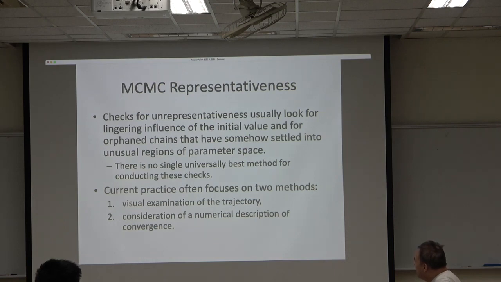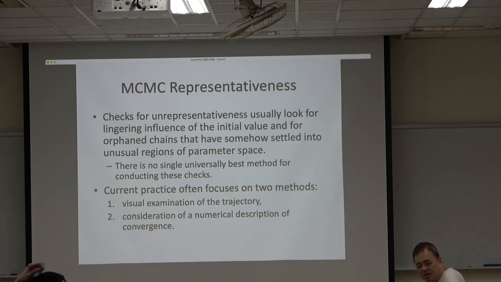If you want to know how representative the MCMC chain that you generate is, you can use visual examination of the trajectory, and you can also consider certain numerical descriptions of the convergence.